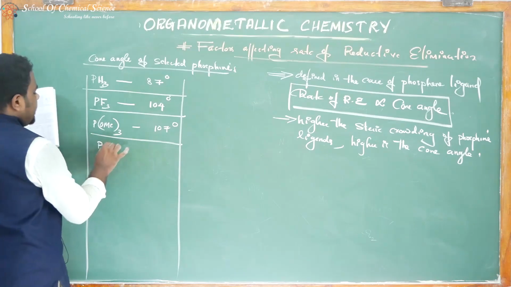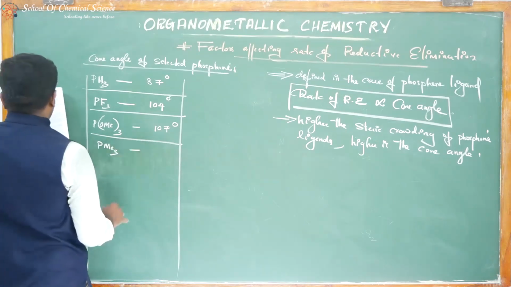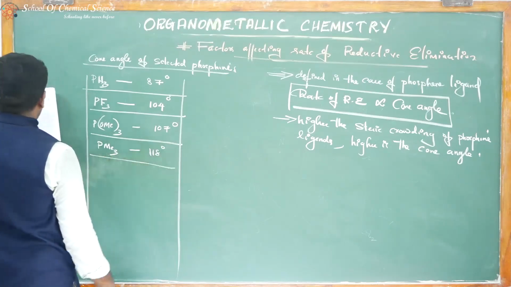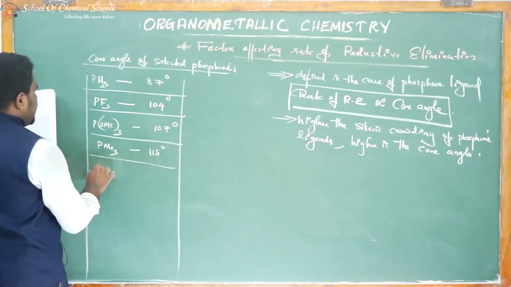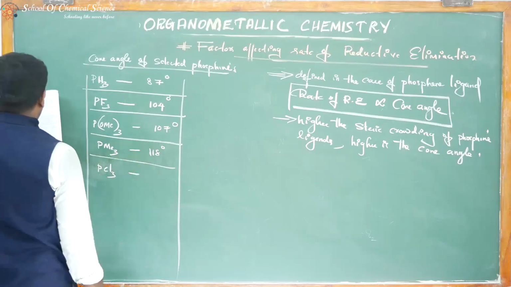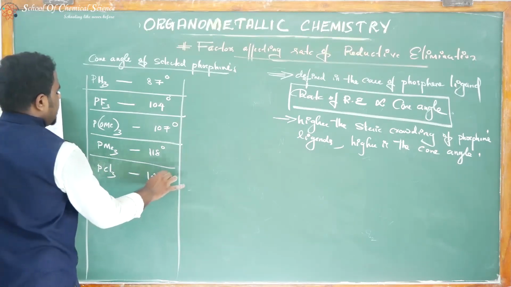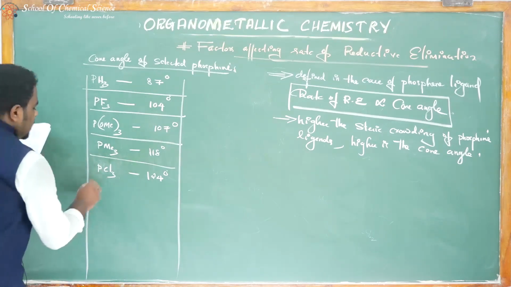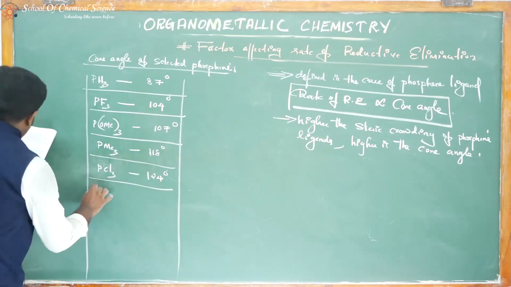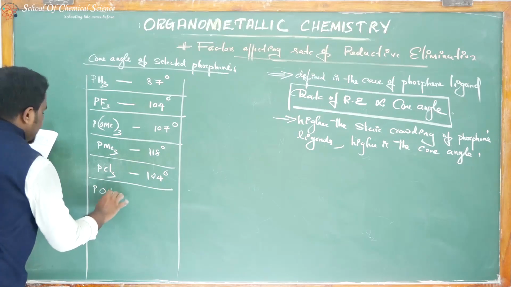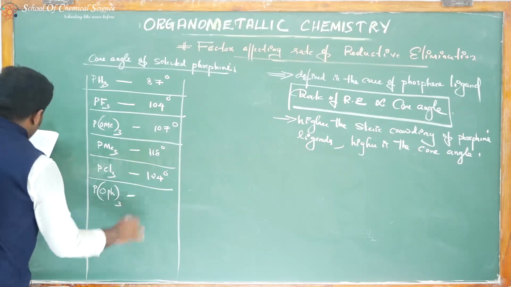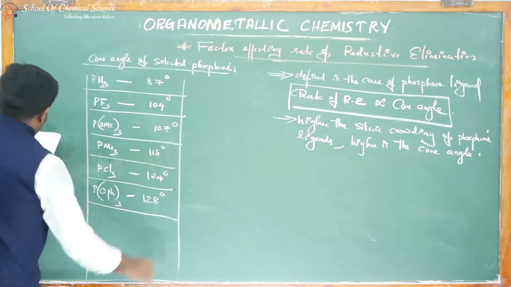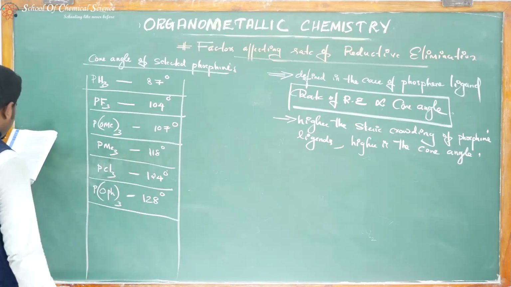Then PMe3 with 3 methyl groups, comparatively larger, 118 degree. PCl3, 124 degree. Then P(OPh)3, 128 degree. This is the increasing order.